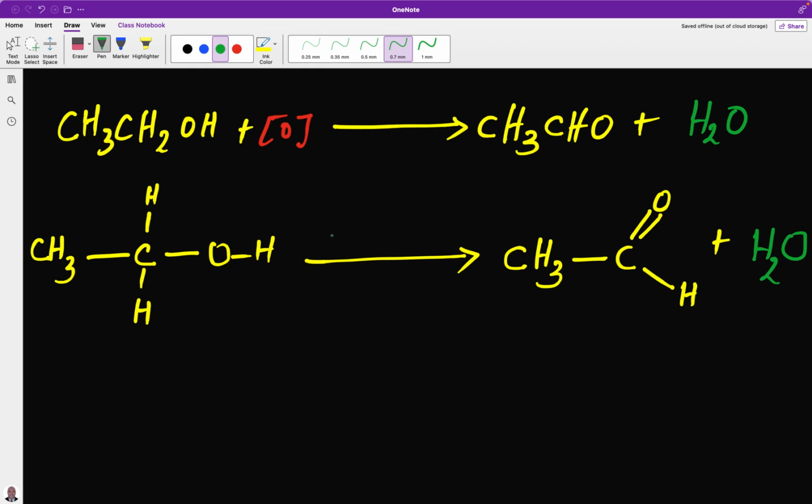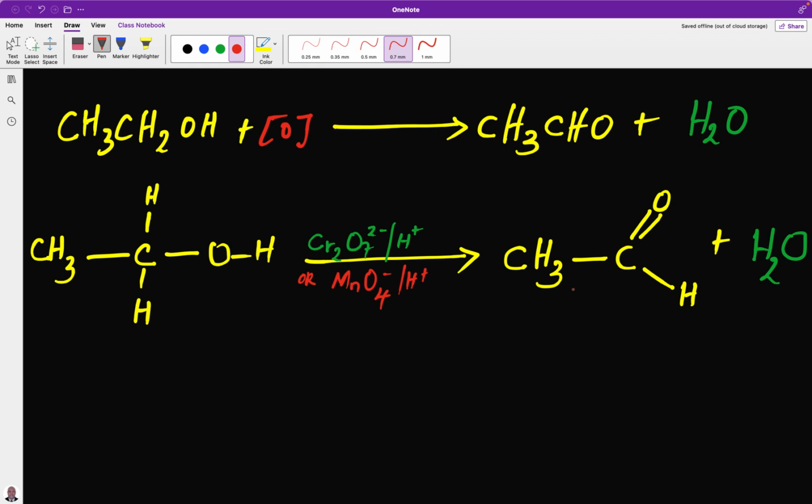I said you can use acidified potassium dichromate(VI), or you could use acidified potassium manganate(VII), but it is heated under reflux.